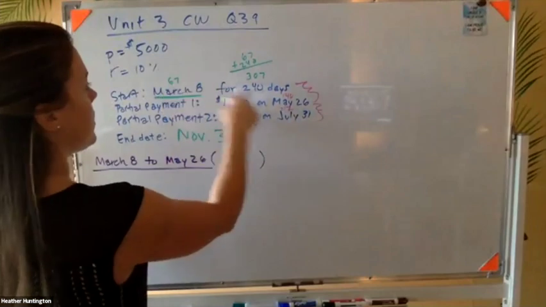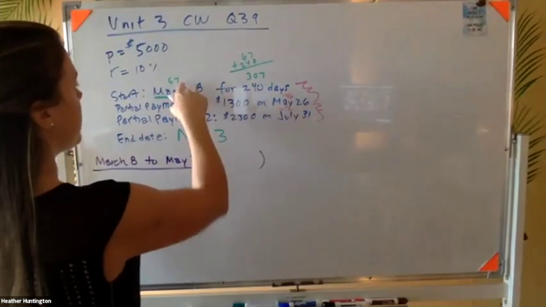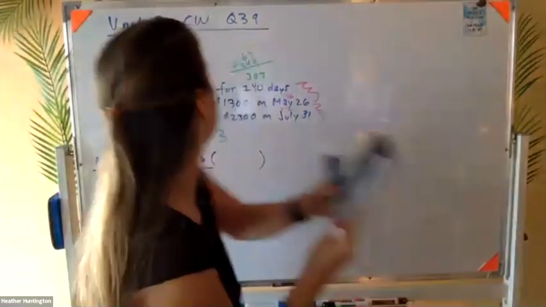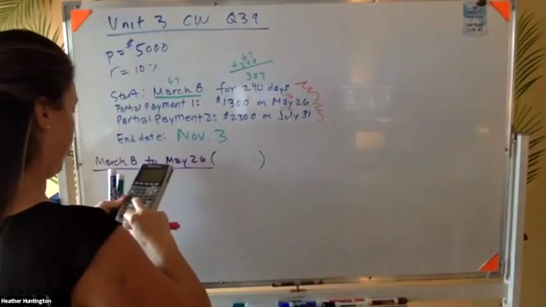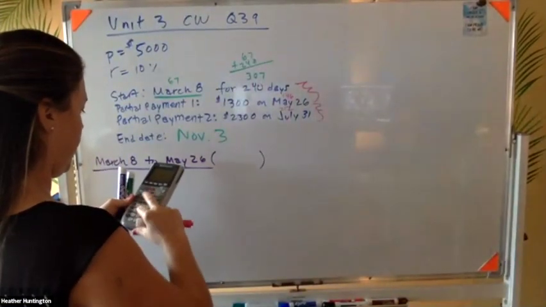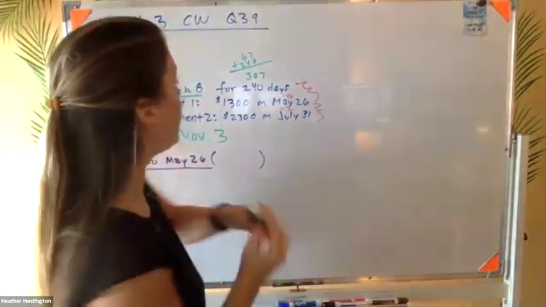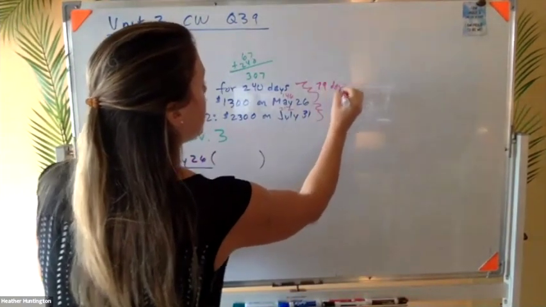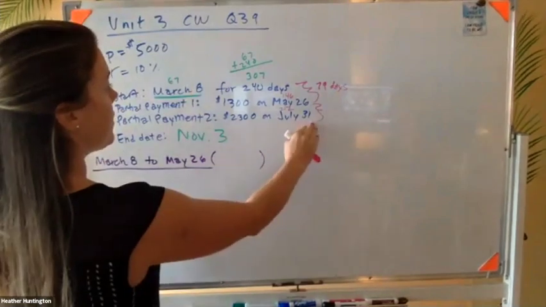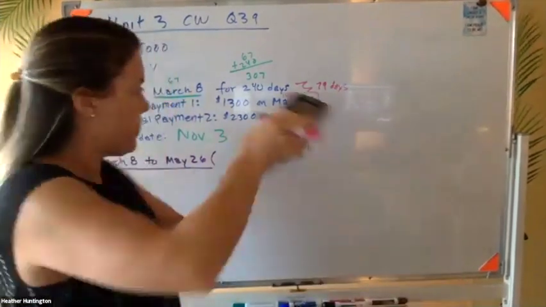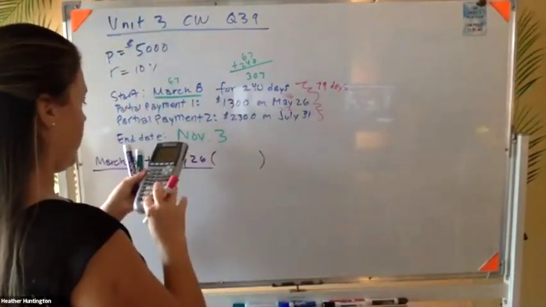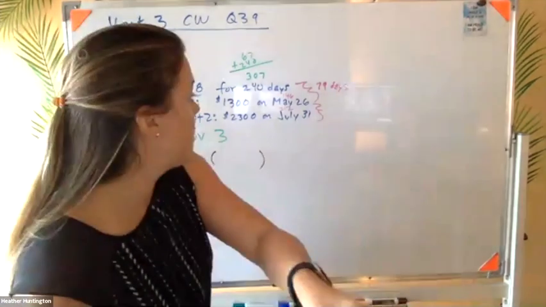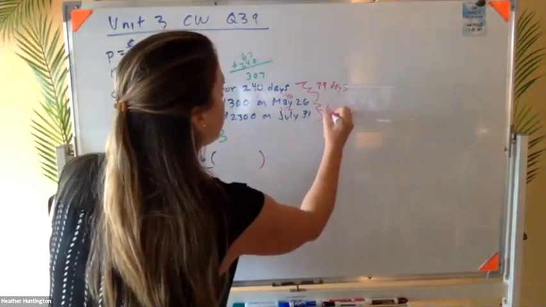So from the 67th to the 146th day of the year, I'm getting that there's 79 days in this period. And then from May 26th to July 31st, I'm getting that there's 66 days in that period.